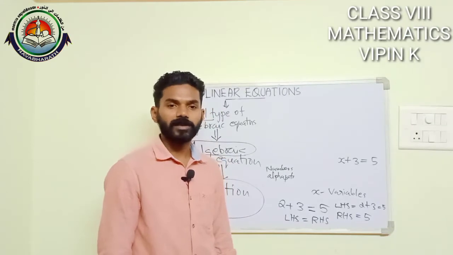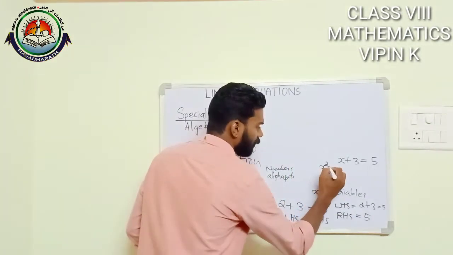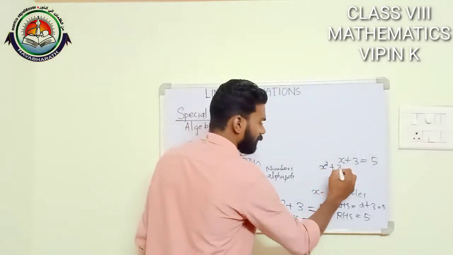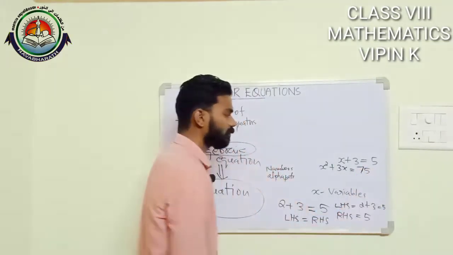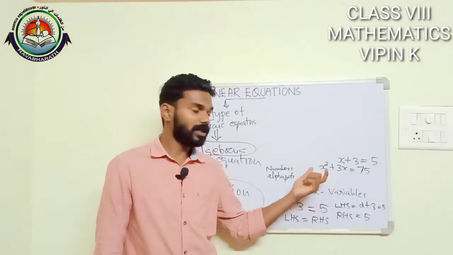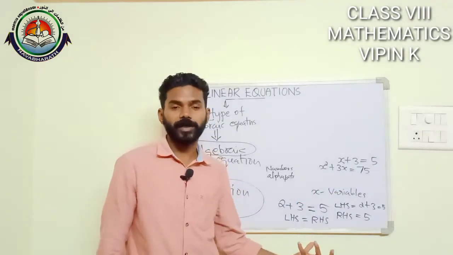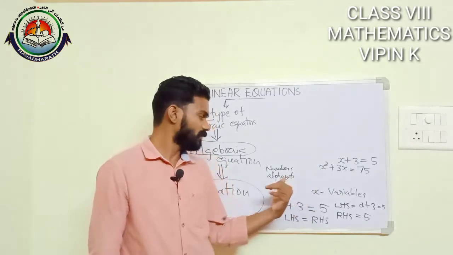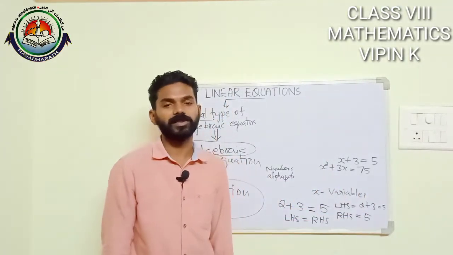Now I am going to write another equation: x square plus 3x equals 75. Here also you can see the same variable, the alphabet x, which is called the variable in this equation.